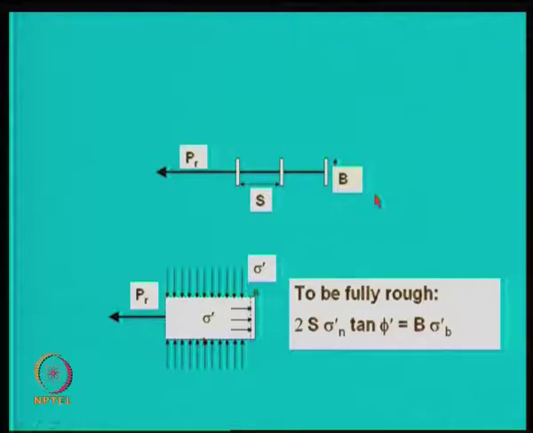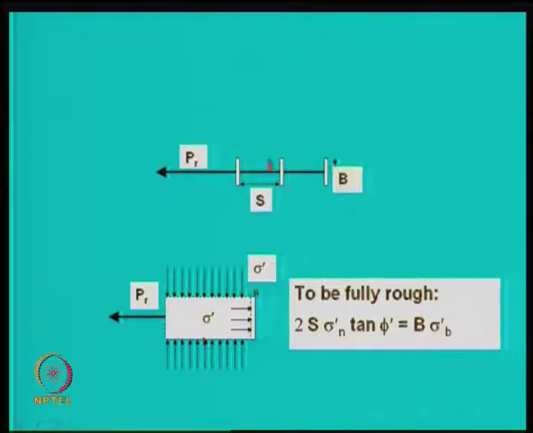Depending on the spacing of these members, you can appropriately do that. And as I mentioned earlier, there is friction only along the surface. Now, because of these bearing members, the failure surface will be like this.